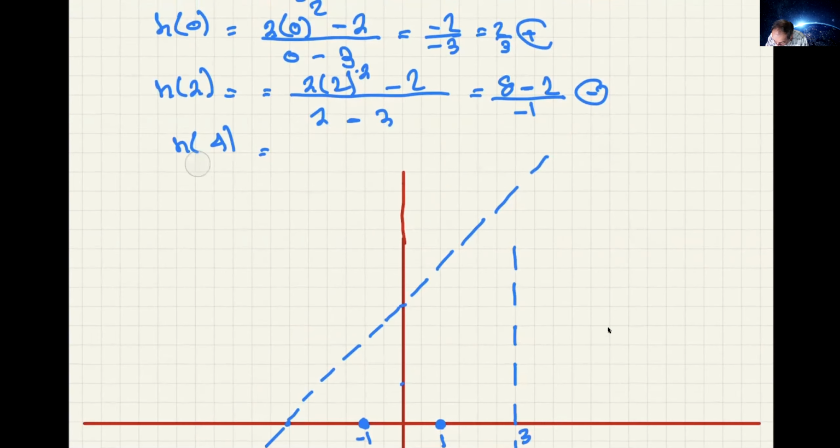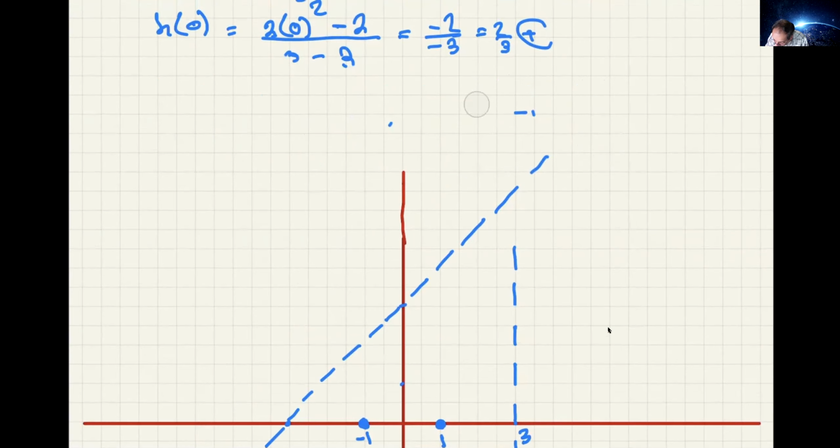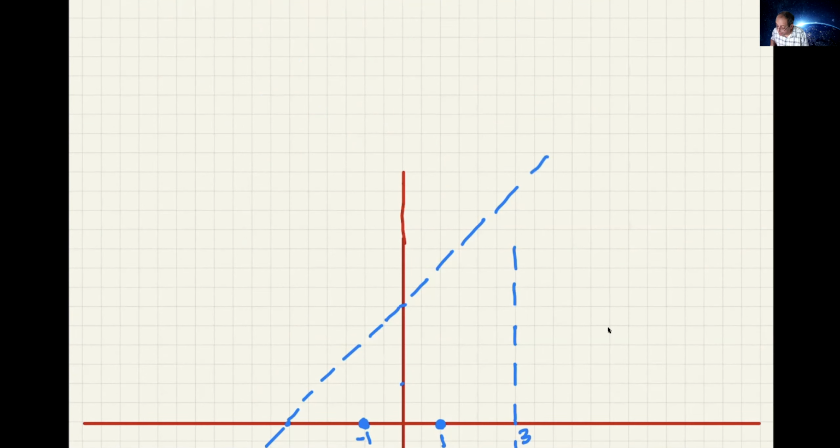I ran out of space, so I'm going to remove that. Okay. And then I go with the x-intercept here.